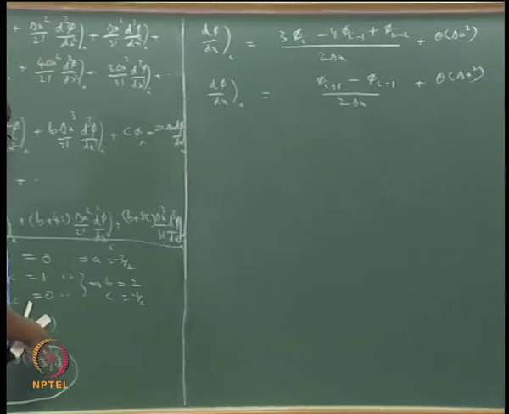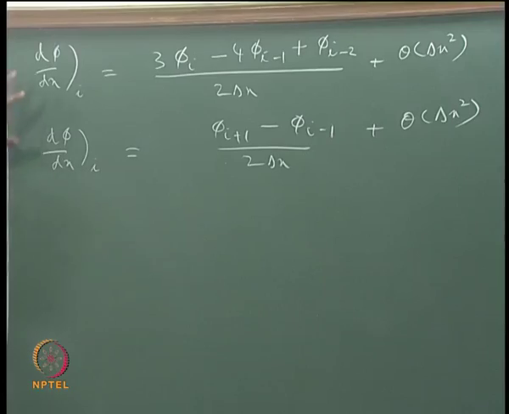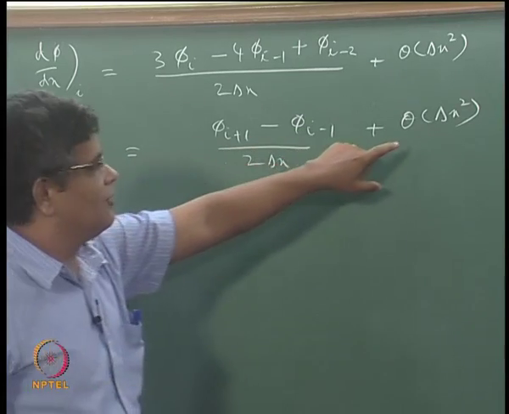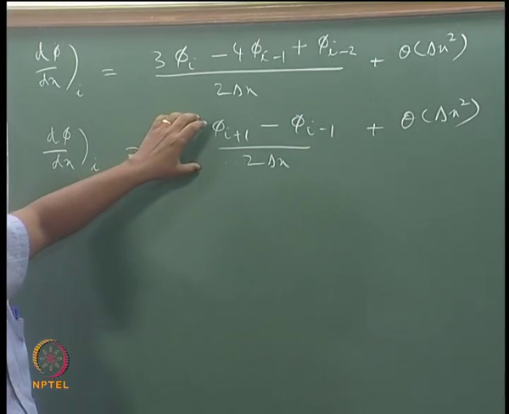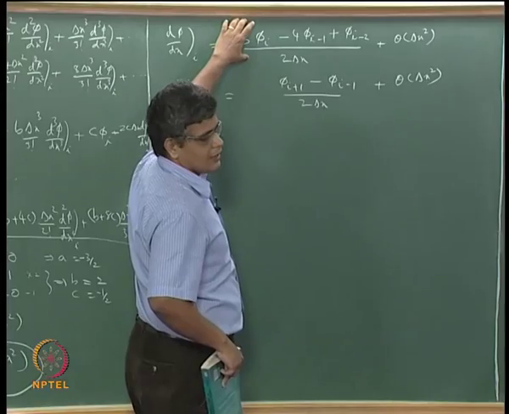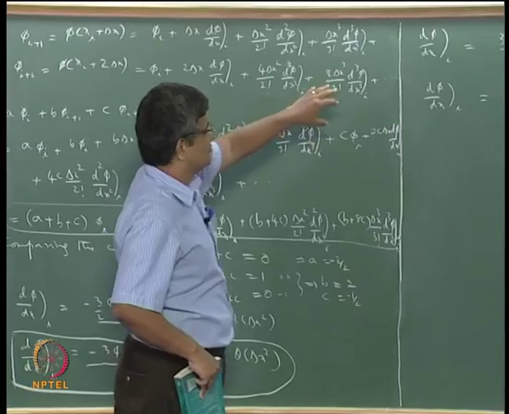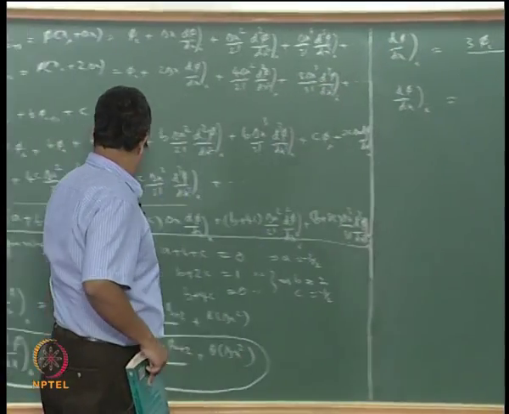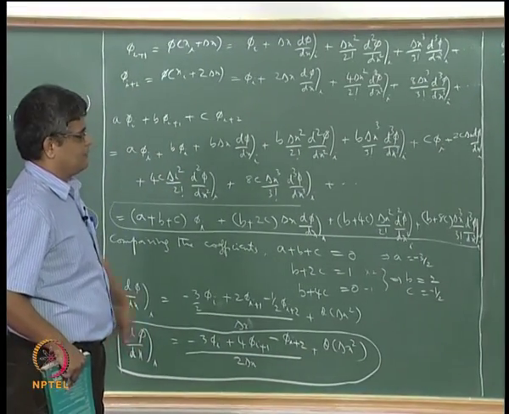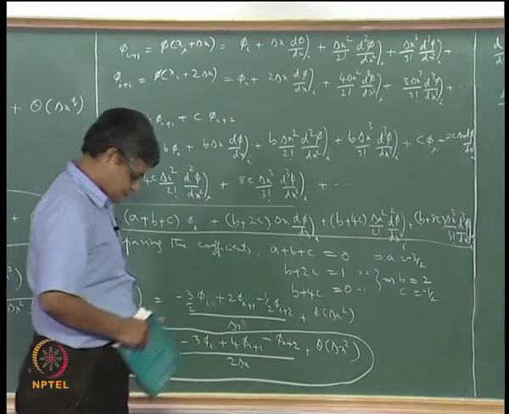Okay, so using these 3 set of formulas, we can maintain consistently second order approximation for interior points, for the top boundary, and the bottom boundary using this. Okay, so this is for a first derivative.